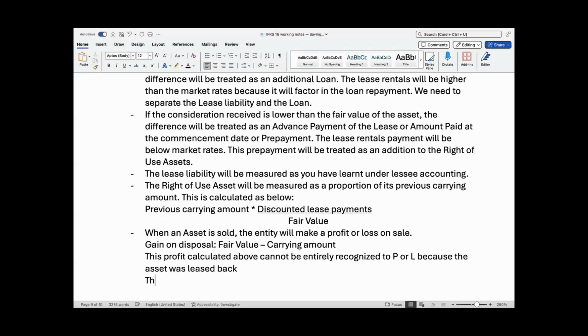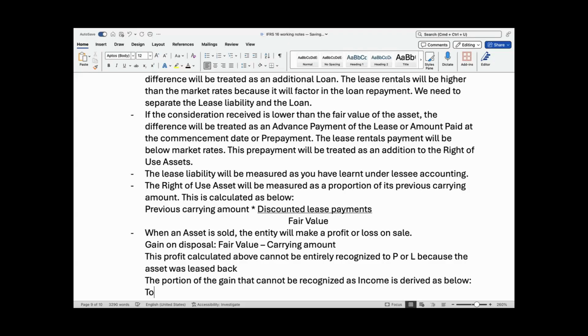So the portion of the gain that cannot be recognized as income is derived as below.